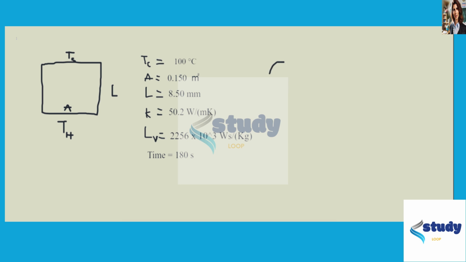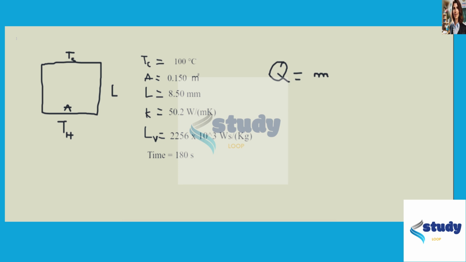So let's write here. So we can calculate Q of the water that is being evaporated. So we have to have heat transfer to the top enough to boil the exact amount of water, that is 0.390 kilograms.